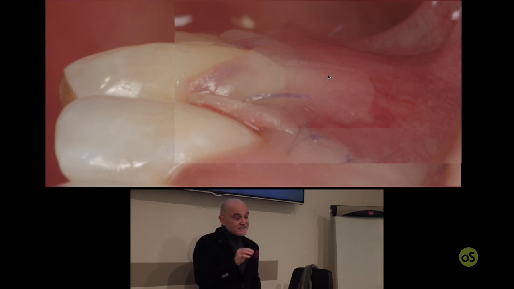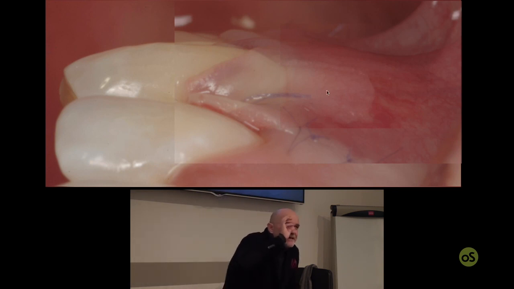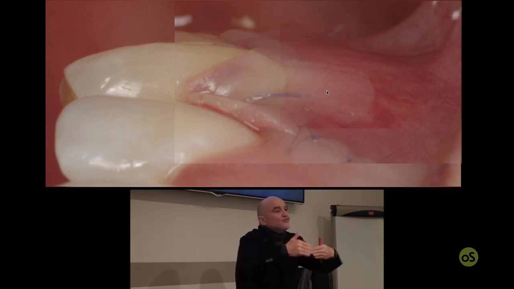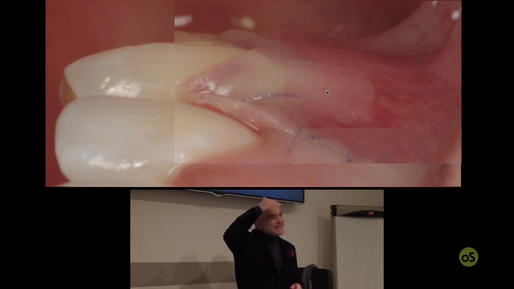So in this case, the thickness of the graft can be really minimized, 0.5, no more, because we combine the thickness of the flap plus the thickness of the graft, and we don't lose thickness. On the contrary, these two thicknesses, graft and flap, continue to increase even years after the surgery.